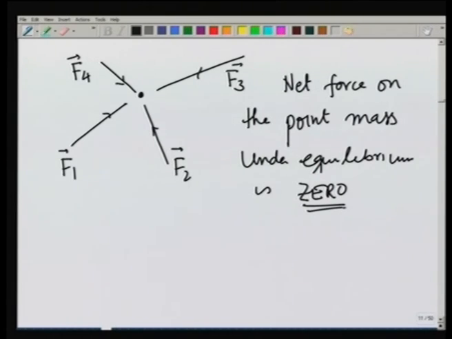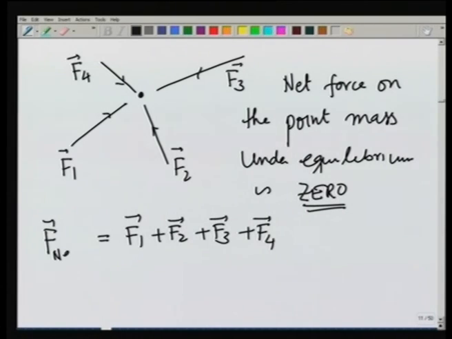And that means, in this particular case, that F1 plus F2 plus F3 plus F4, the vector sum of all these forces gives me the net force, and that must be 0.